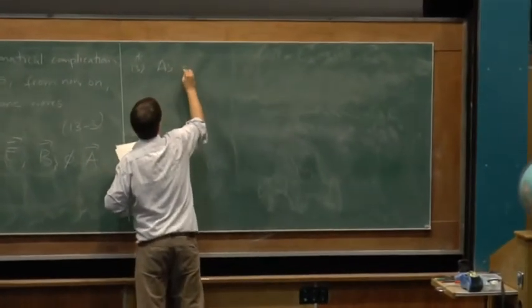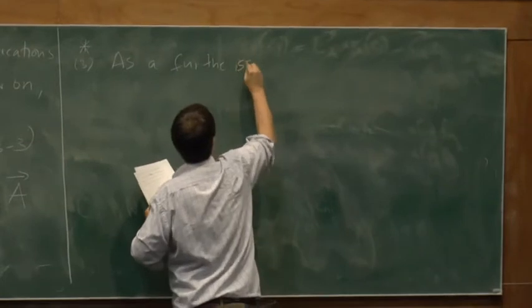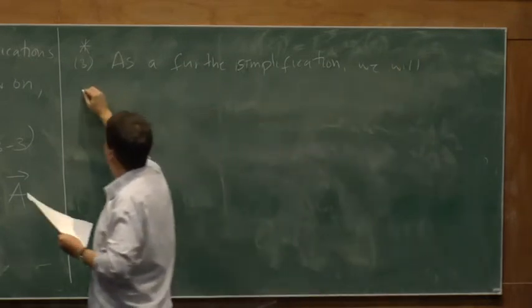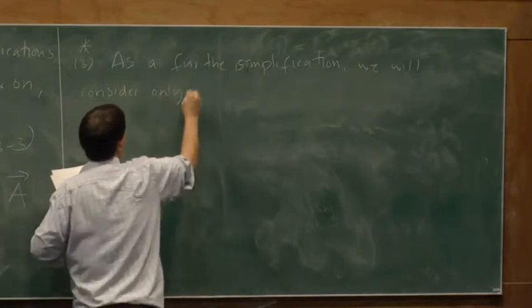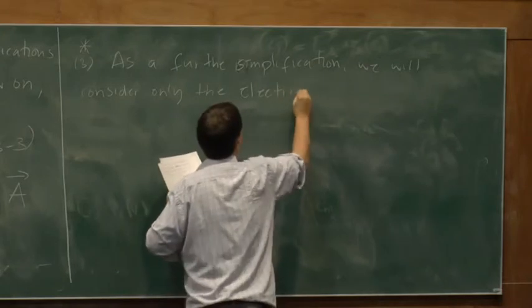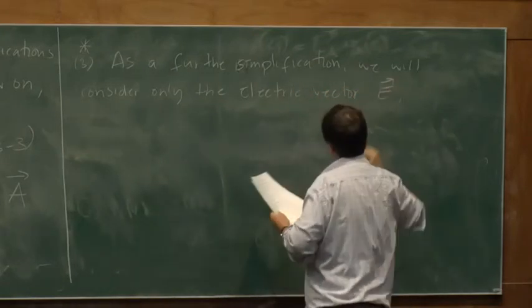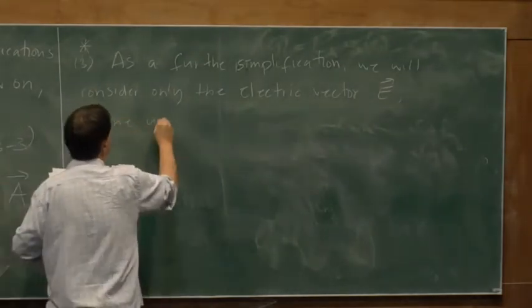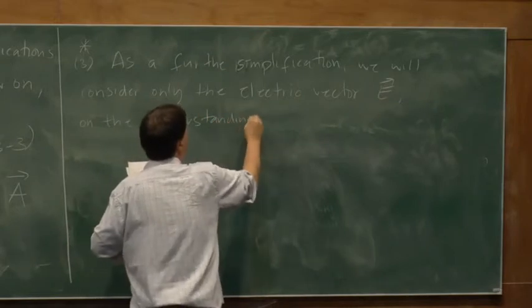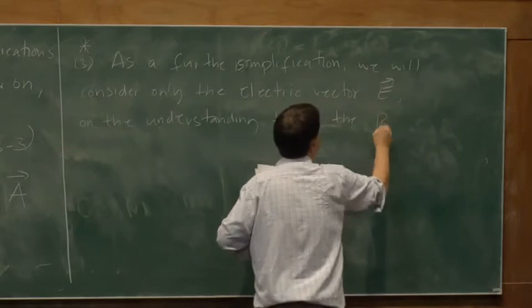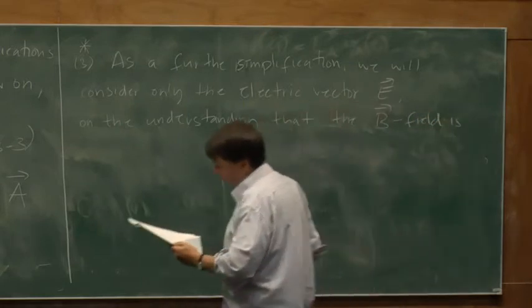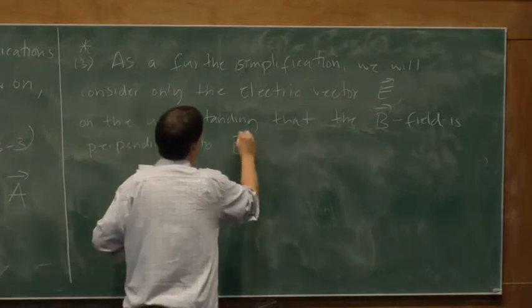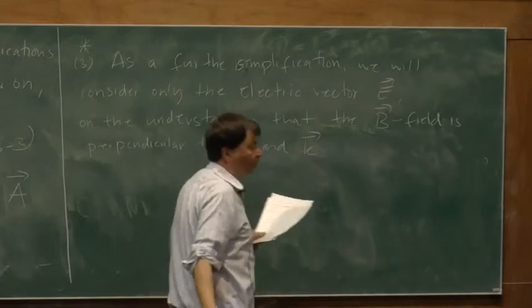As a further simplification, we will consider only the electric vector E. And again, next term we'll have to revisit this slightly when we study magnetic materials, on the understanding that the B field is perpendicular to the E field and, of course, the propagation vector, the direction of propagation.